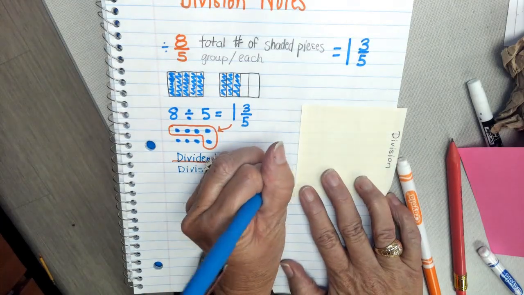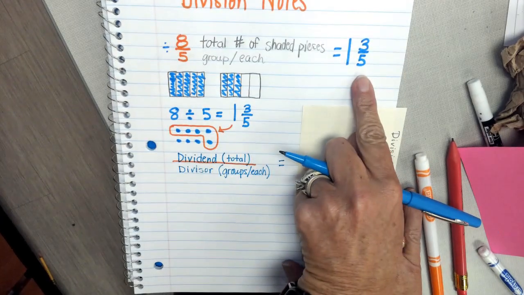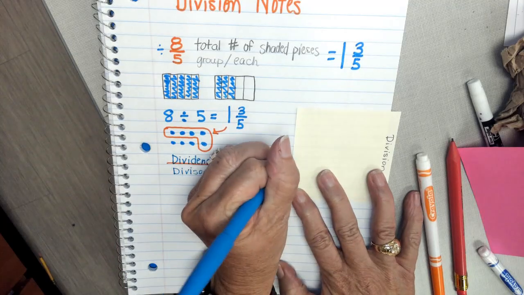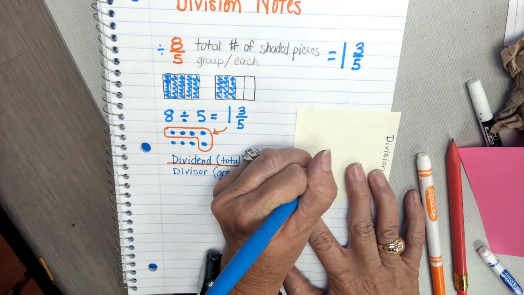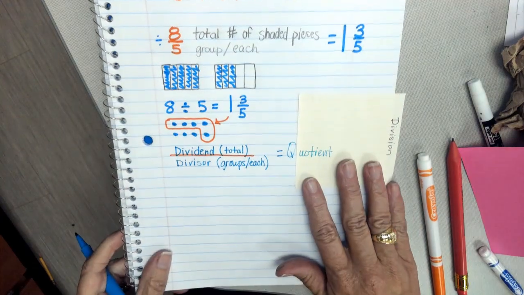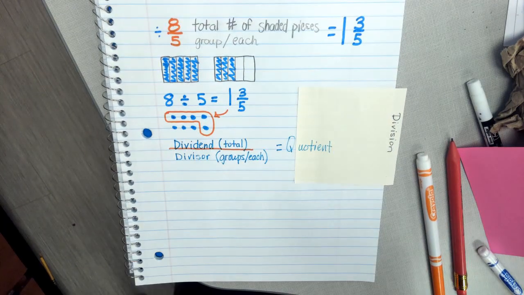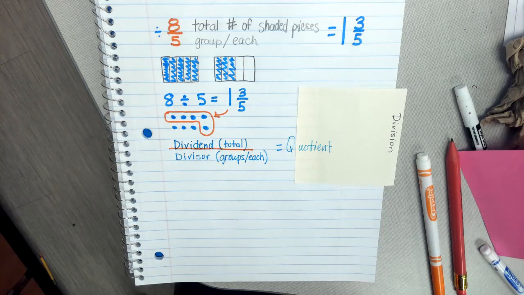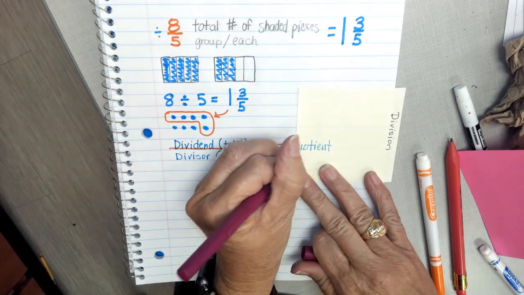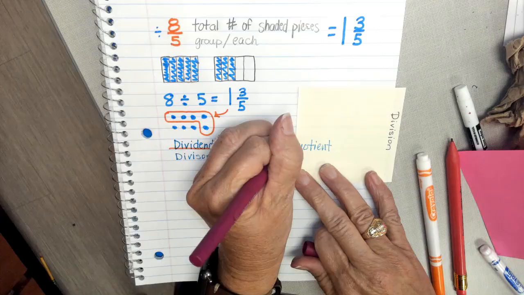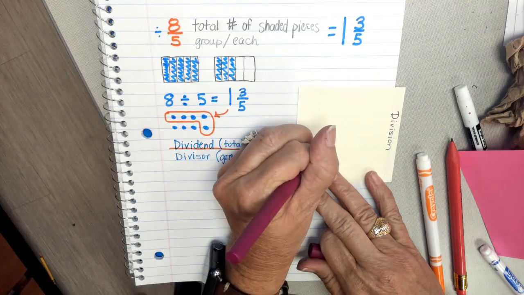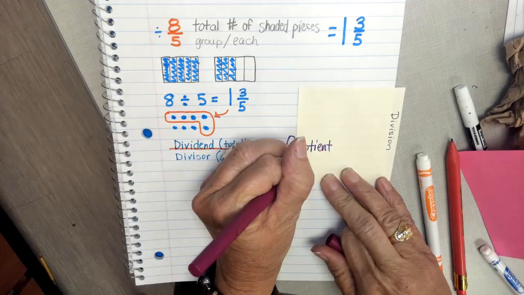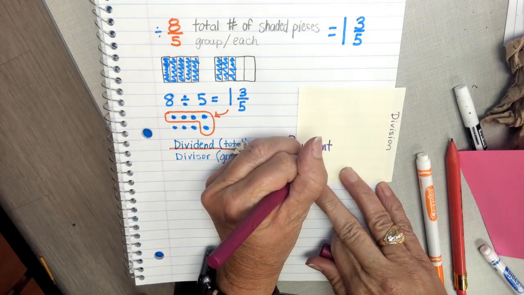And your answer, this 1 3/5, that is your quotient. Your quotient is your answer to a division question.